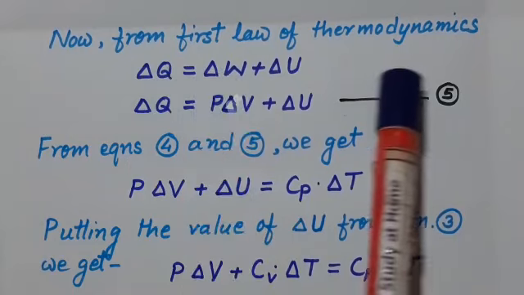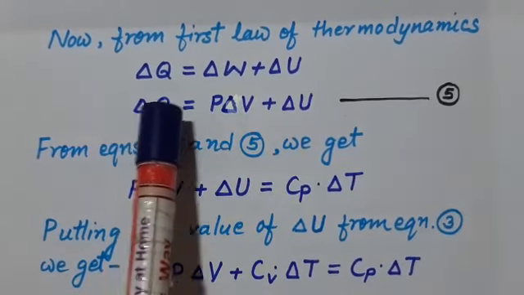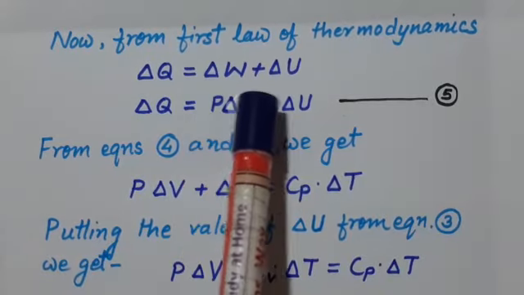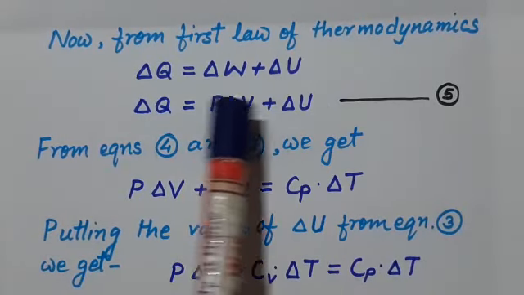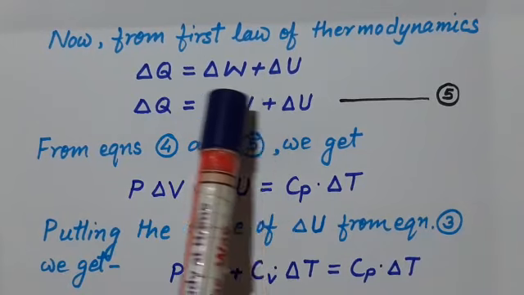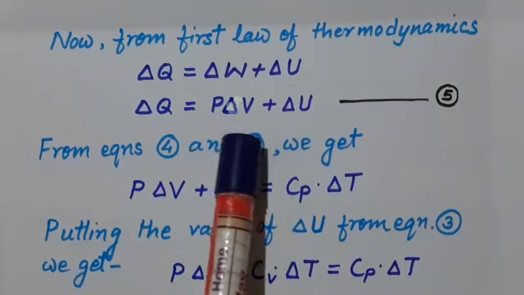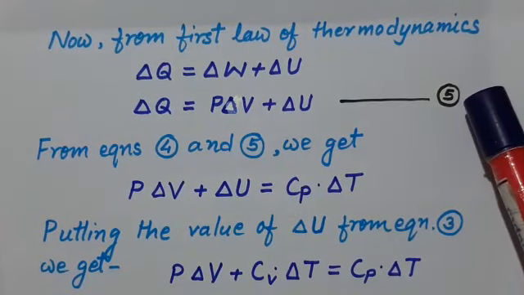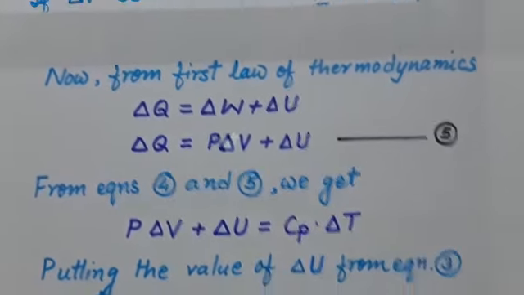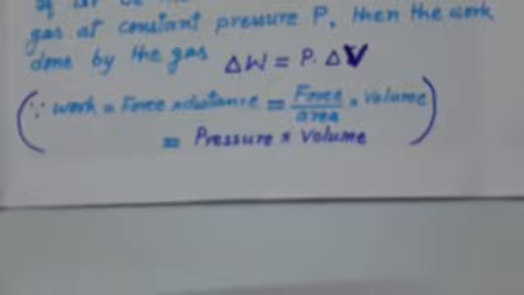Now from the first law of thermodynamics, delta Q equal to delta U plus delta W. And we have just found that at constant pressure delta W equal to P into delta V, so delta Q equal to P into delta V plus delta U. This is equation number 5. Now by equations 4 and 5.